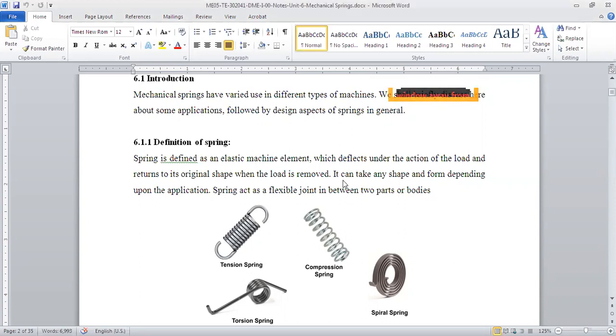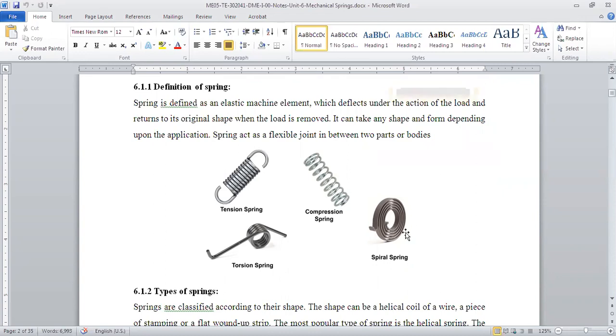As I was saying, it's not necessarily that a spring is always coiled. It can be like this spiral spring. It is not a coil, but a spiral spring, and it is used in watches, right? Or if you know a toy, when we store the energy with a key and rotate it, it will have energy stored, and when we take out the key, it will start moving.